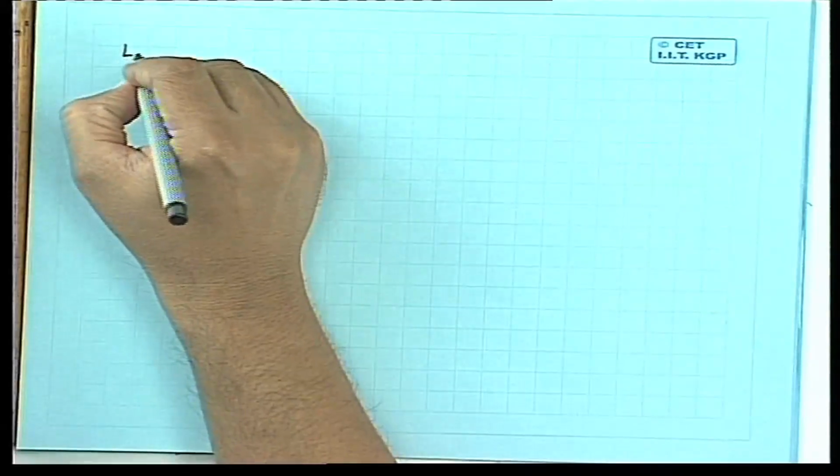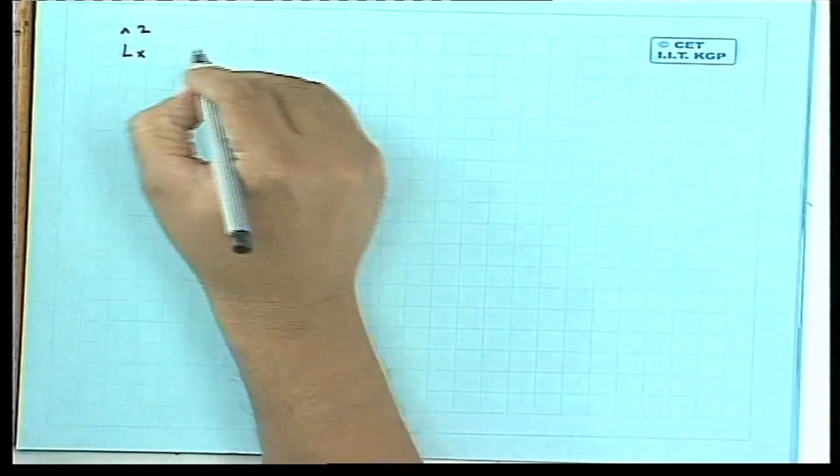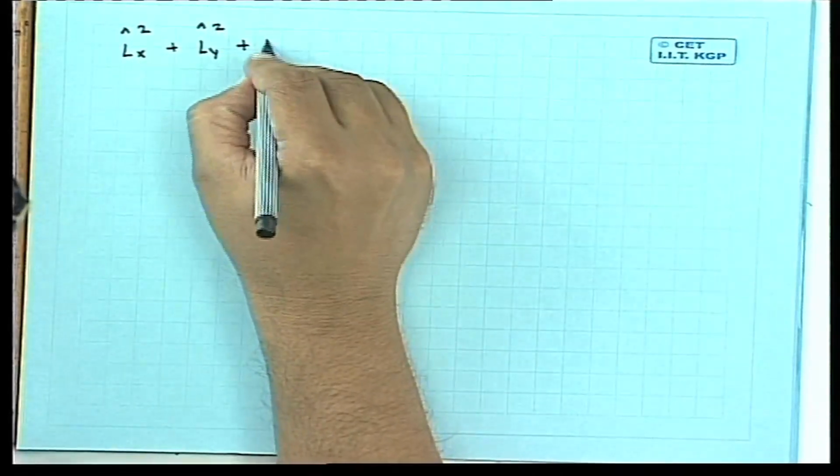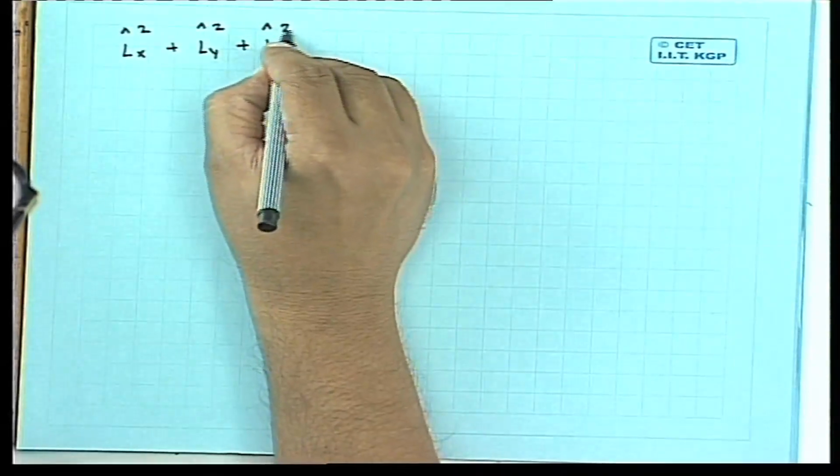So, today's lecture is largely devoted to algebra, but we shall draw some conclusions out of this shortly. So, let us now proceed to square each of them and add them up. So, we want to calculate Lx² plus Ly² plus Lz².